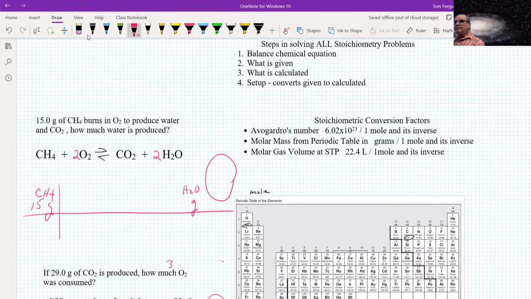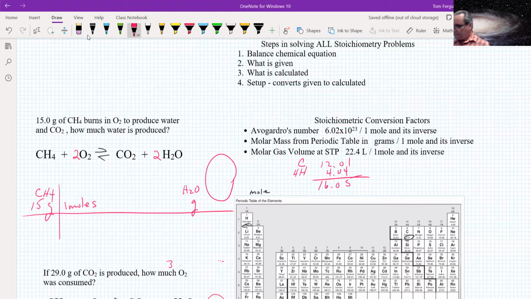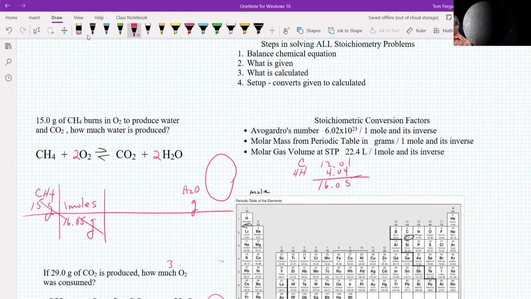That's the decimal number on the periodic table. Okay, so now we have moles.